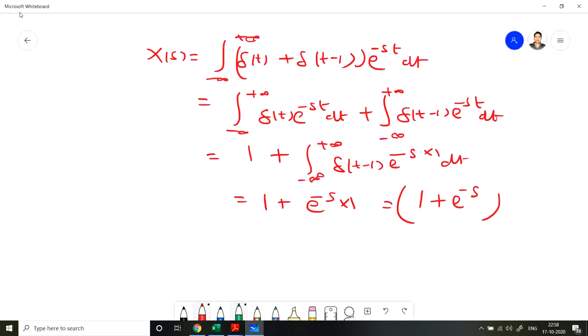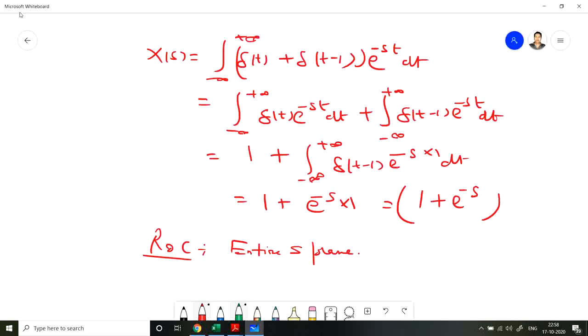So this is our ROC. The ROC is again the entire S plane, because there is no problem in convergence of this series. The series will converge, so it is the entire S plane.